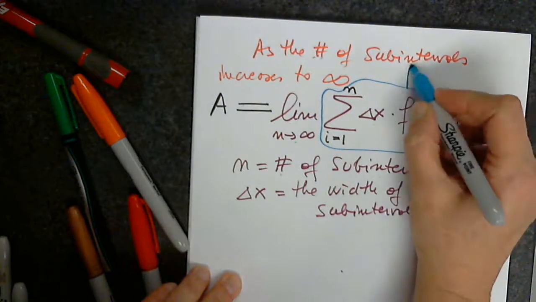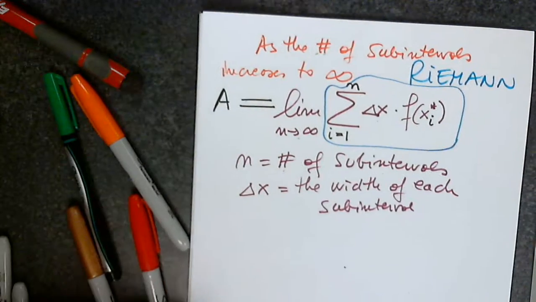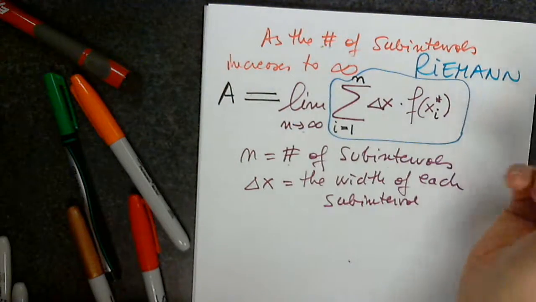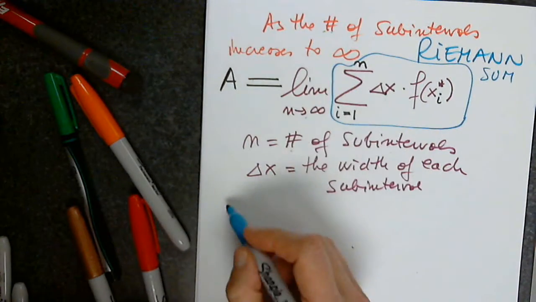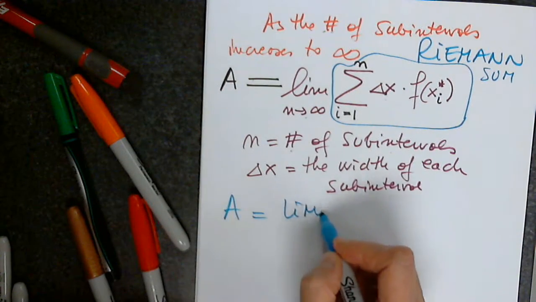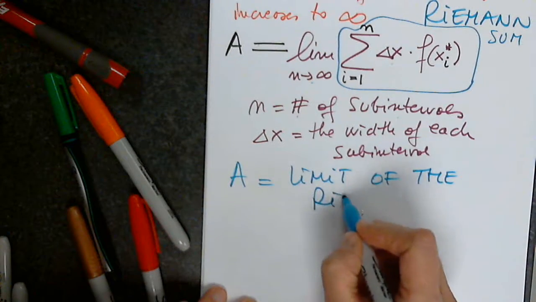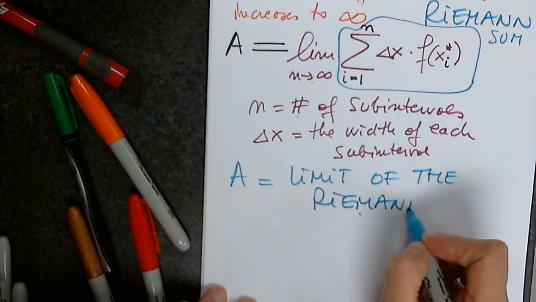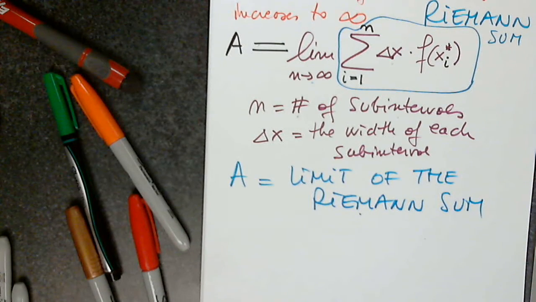His name is Riemann. And of course, it is the Riemann sum. And of course, the area equals the limit of the Riemann sum. And it definitely equals. There is no approximation symbol needed anymore.